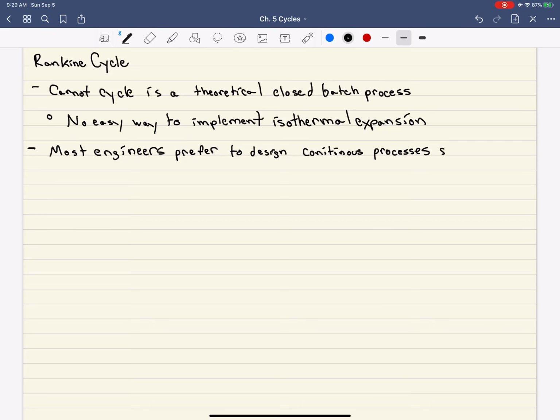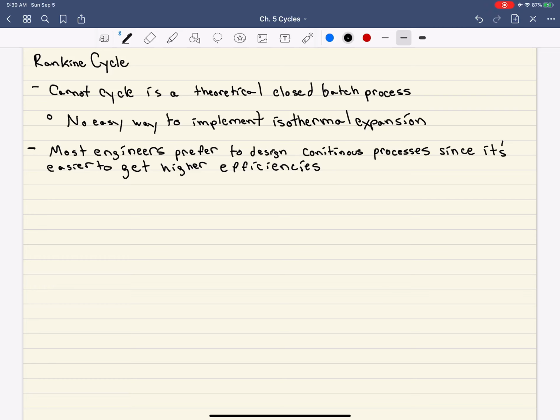The reason for that is just practicality. It's a bit easier to get higher efficiencies.